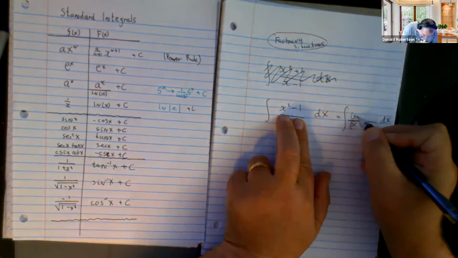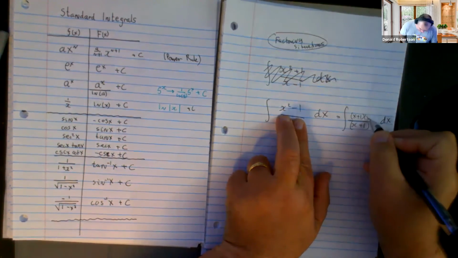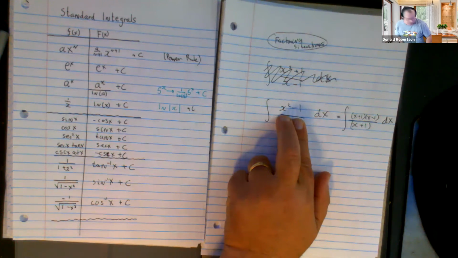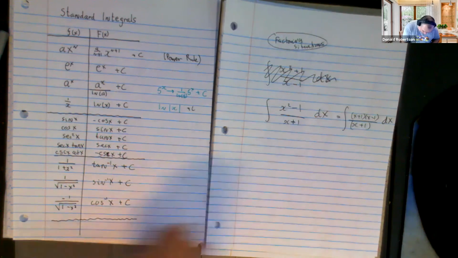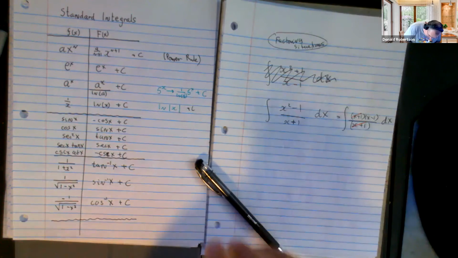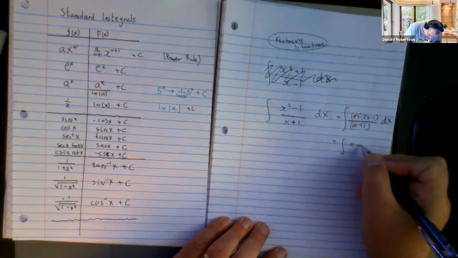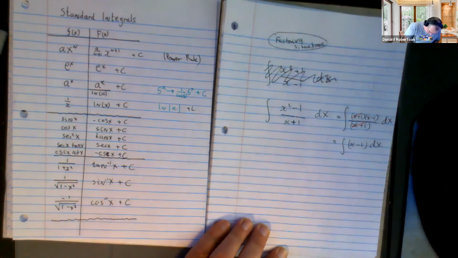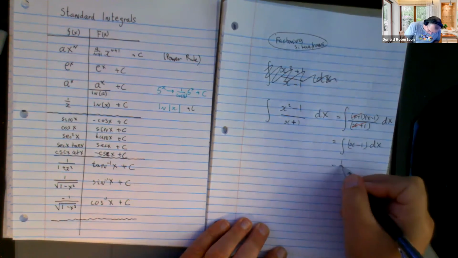Do you see something really nice happening here? Can you see the x plus 1's cancelling? What am I left with? The integral of x minus 1. And this I know how to do, because it's a power rule.